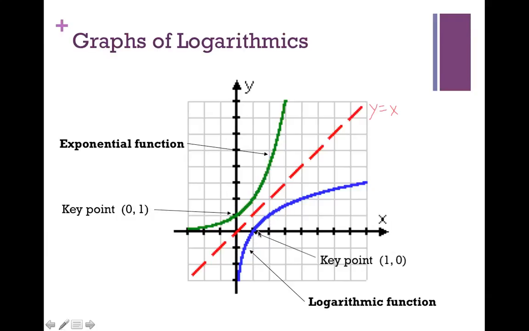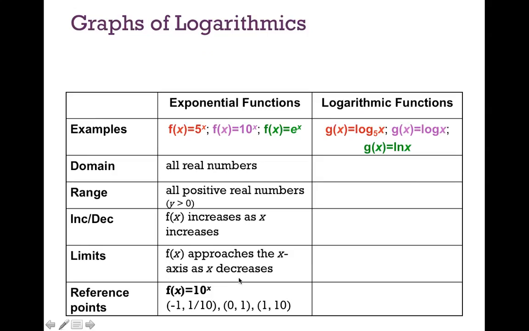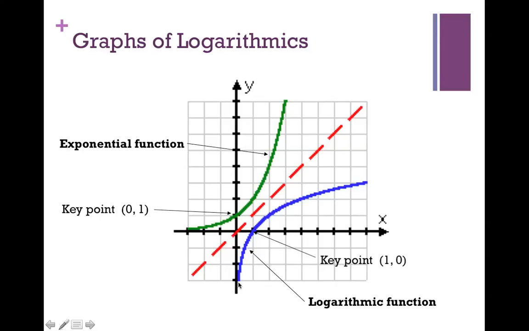So now we're coming in closer and closer here, instead of up here like we were on the exponential function. So if you can take what you already know about exponential functions and just in your head flip it over, that's going to give you an idea of what your logarithmic function should look like. It has a key point at 1, 0, and it curves in so that now our y-axis becomes a vertical asymptote instead of the x-axis, which was the horizontal asymptote.